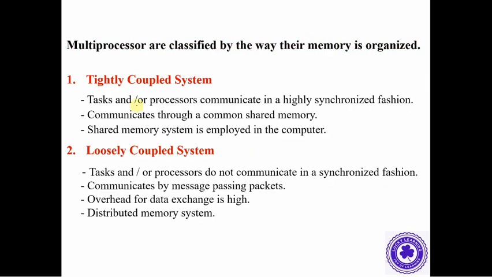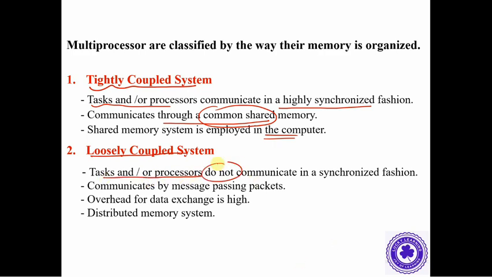Here are a few differences between the tightly coupled system and loosely coupled system. In a tightly coupled system, tasks or processors communicate in a highly synchronized fashion and communicate through a common shared memory, and a shared memory system is employed in the computer. In the case of a loosely coupled system, tasks or processes do not communicate in a synchronized fashion.